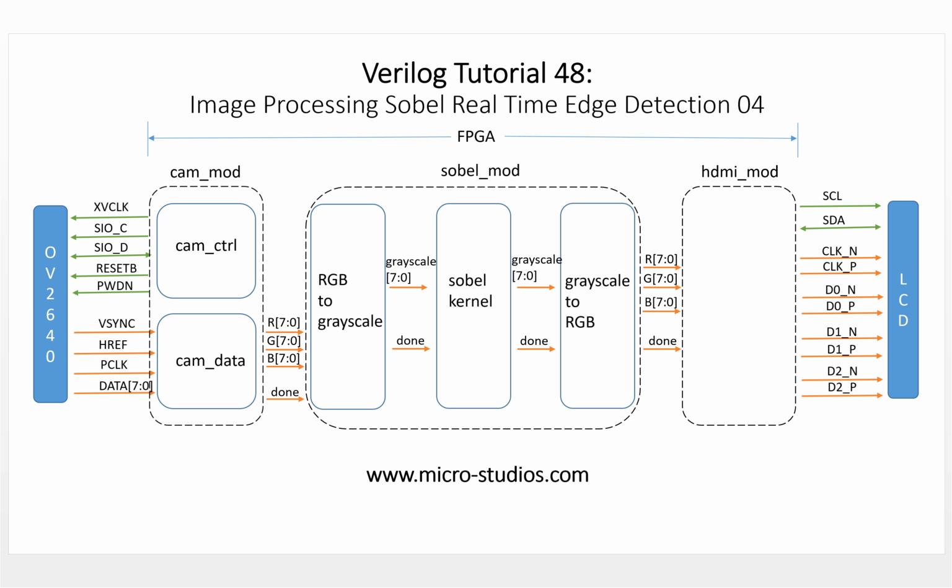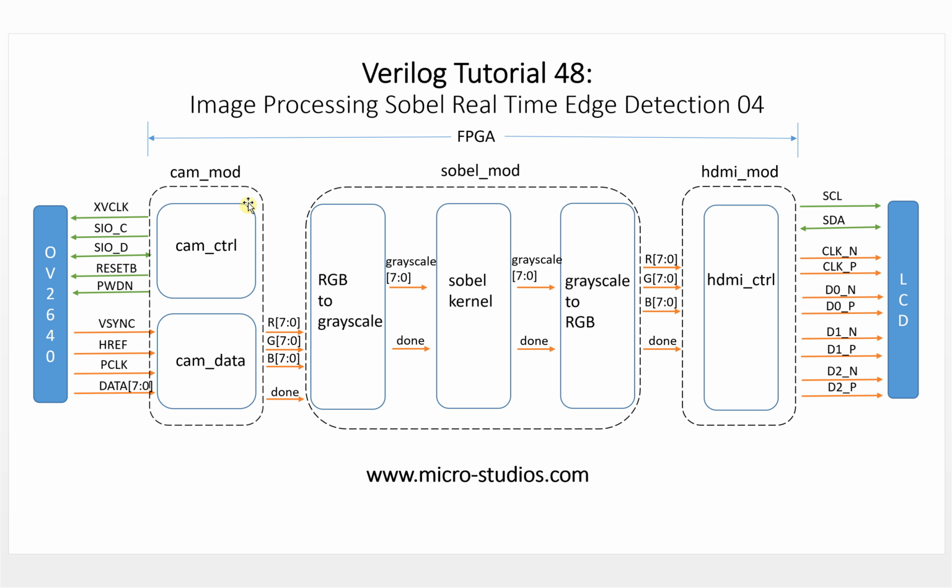The last one is the HDMI module. The HDMI module has a controller inside, which takes over the RGB data and produces the signals the HDMI needs to display. So this is the whole picture of the code for the Sobel real-time edge detection system.